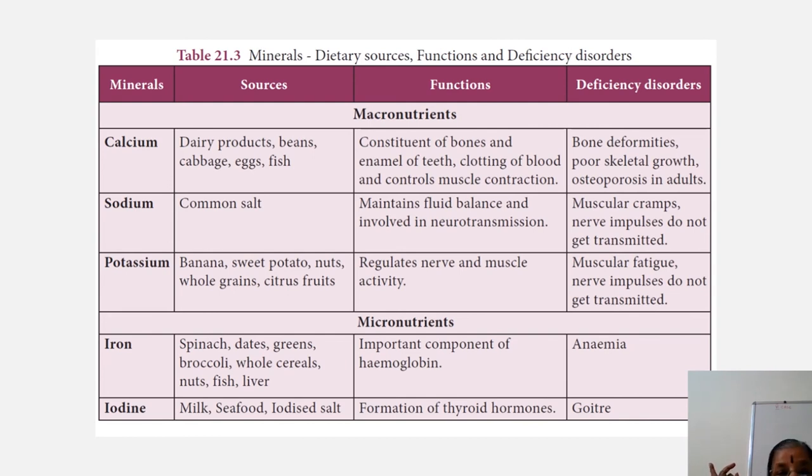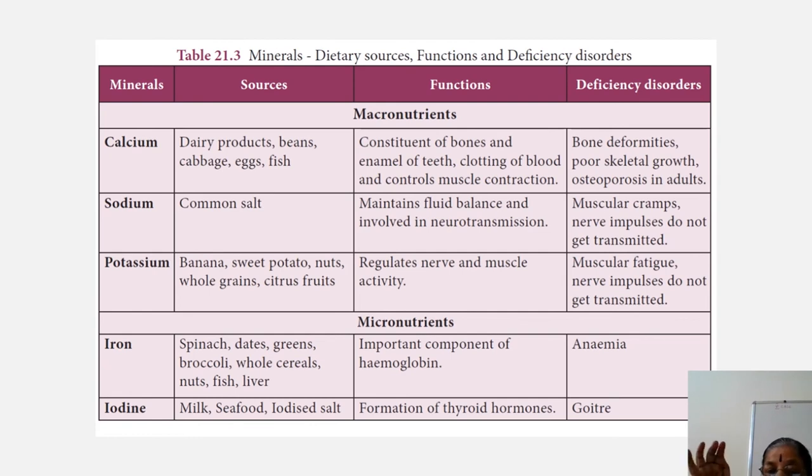And sodium, a very important mineral, usually present in common salt. It maintains fluid balance and is involved in neurotransmission. Normally sodium and potassium should be nearly equal inside the body. When sodium and potassium ions move in and out, the number of sodium ions going in, the same number of potassium ions should come out.